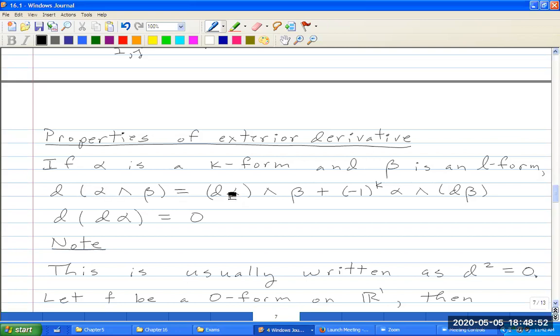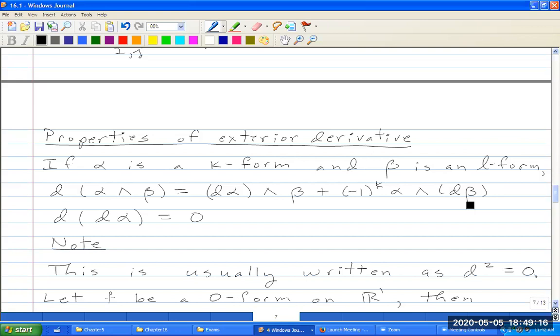It is just the exterior derivative of alpha wedge beta plus negative 1 to the k, alpha wedge the exterior derivative of beta.